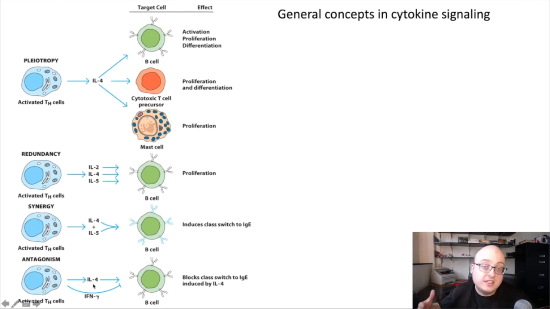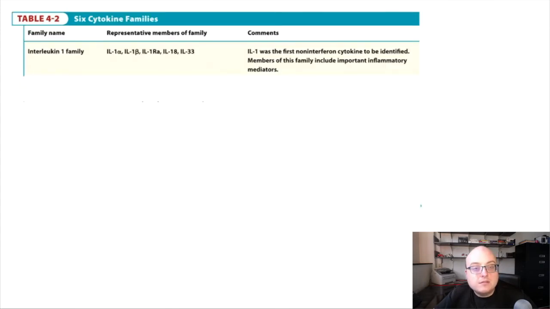And this is really important, again, for making sure that whatever immune responses we're generating are carefully regulated and carefully adapted to exactly the parameters of the infection that we're seeing and where in the timeline of infection we are, because these cytokine signals will change in a temporal fashion following the infection. So, pleiotropy, redundancy, synergy, and antagonism: four general principles of the mechanisms by which cytokines influence the immune system and immune responses.